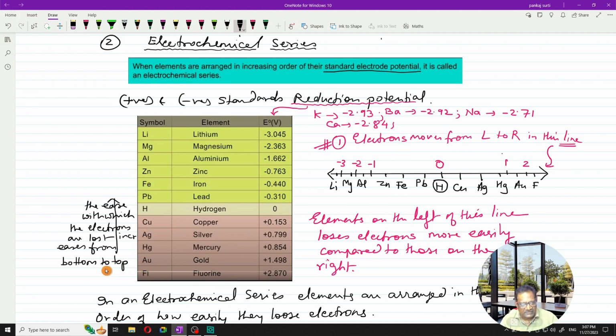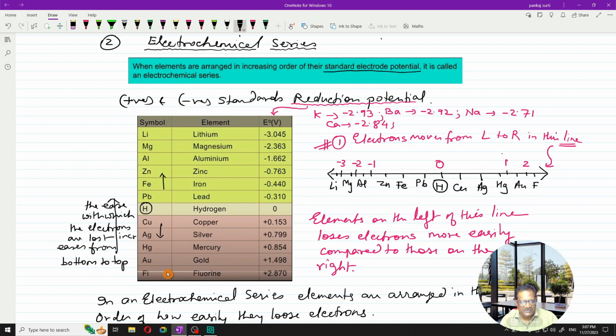If you see this table carefully, you can see the hydrogen element is kept in the center of the table, and there are certain elements placed above the hydrogen in the series, and certain elements placed below the hydrogen in the series.